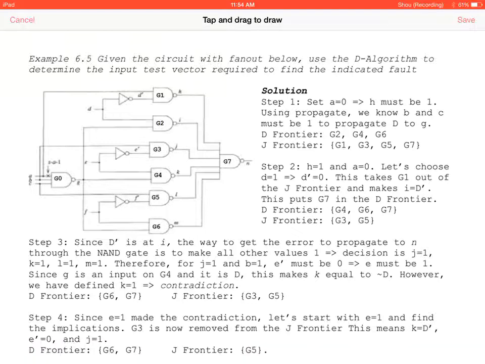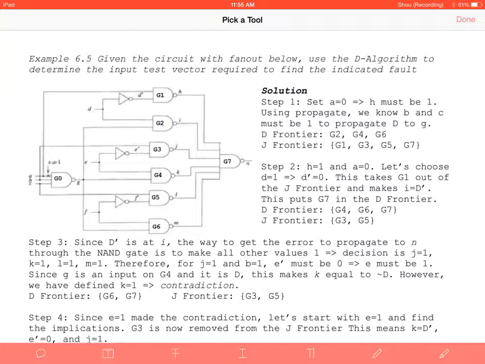So now we've put D bar here and 1. So that means because it's a NAND gate, we're propagating D bar, which is what we want, right? So that's why we selected 1 for this one. Because if it's a NAND gate and you have a 1, that means you're going to propagate the value of the error. But if you have a 0, you're going to propagate the opposite of the error. So that's why we selected that.